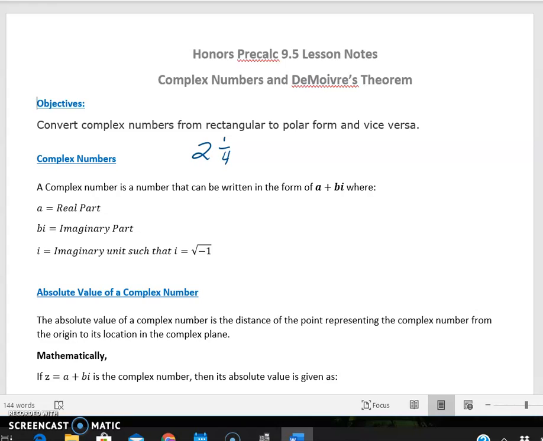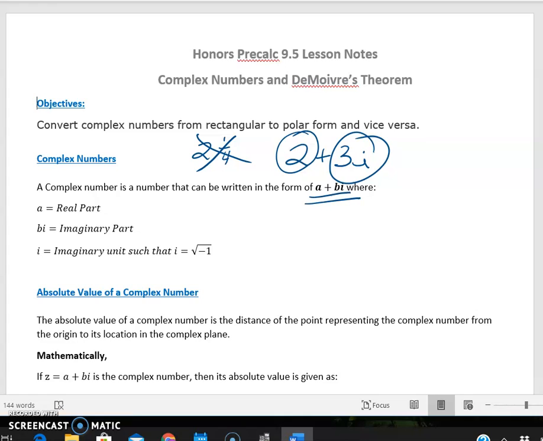So that is a whole number and a fraction. A complex number might look like 2 plus 3i, where we have a real part and an imaginary part.